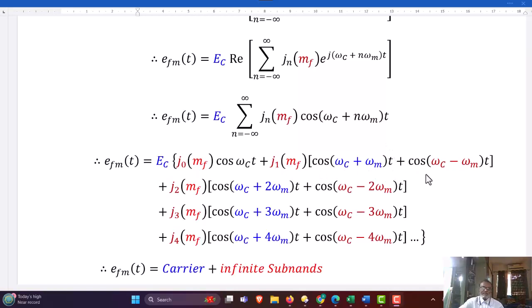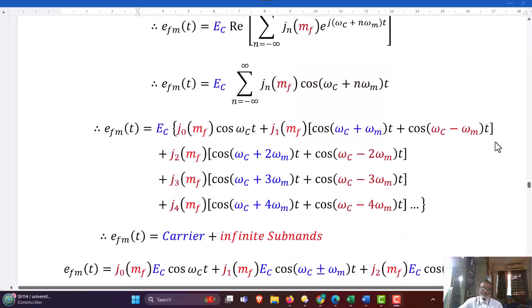When n is minus 1, then you are getting J1(mf) cos of (ωc − ωm)t. For n equal to 2, you are getting the second term and so on. So for positive n you are getting the summation term, and when n is negative, you are getting the subtraction term. And this series will be continued from minus infinity to plus infinity.